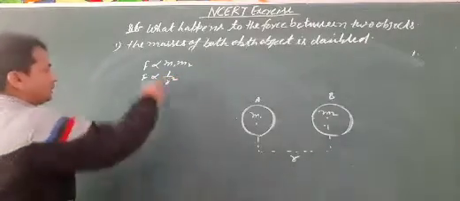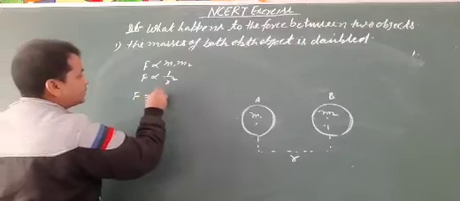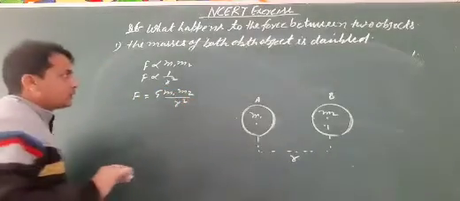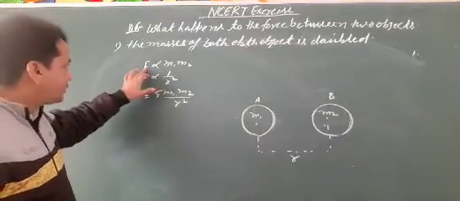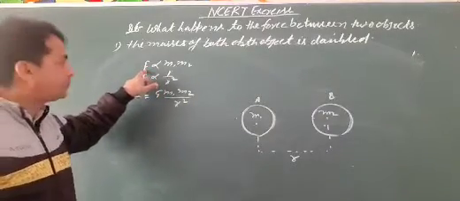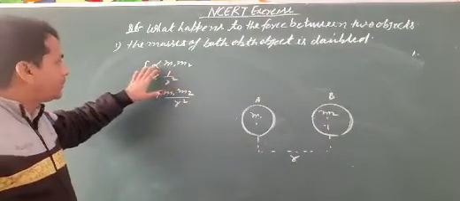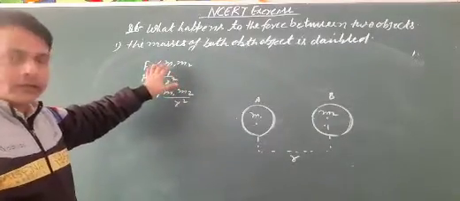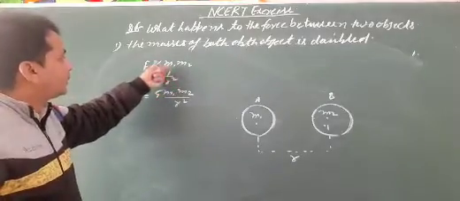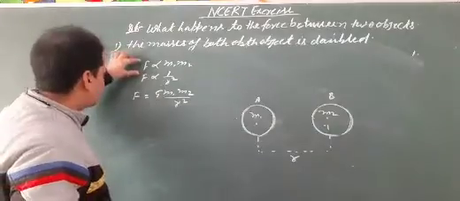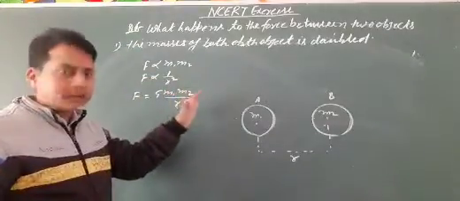So from 1 and 2, F equals G m1 m2 by r square. So the gravitational force is directly proportional to the product of their masses, which means if the masses of the objects increase, the gravitational force also increases.